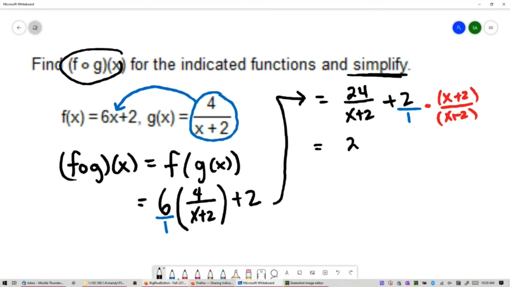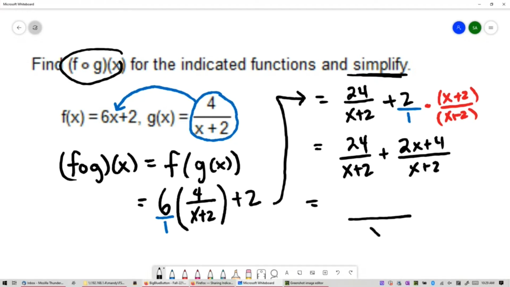That will give 24 over x plus 2, and I'll distribute the 2 in the other fraction. That would give 2x plus 4 over x plus 2. And now that I have a common denominator, I can combine these into a single fraction. And in the numerator, I have 24 plus 2x plus 4.